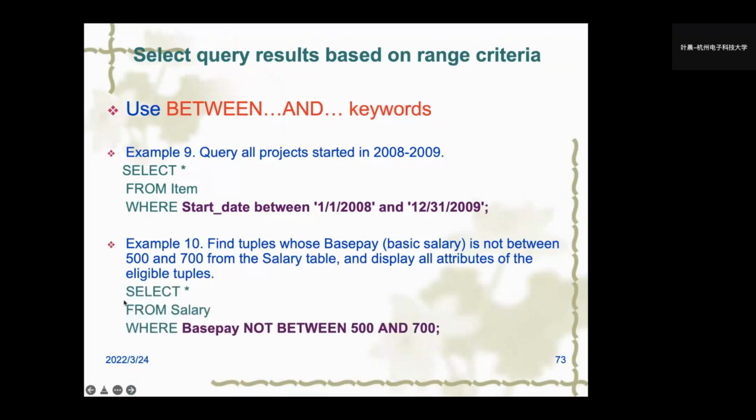We can see here we also use select and we use the star, meaning we want all the attributes of the tuples. And from the table, which is salary, so we write salary here. And the condition we need to write is the base pay is not between 500 and 700.